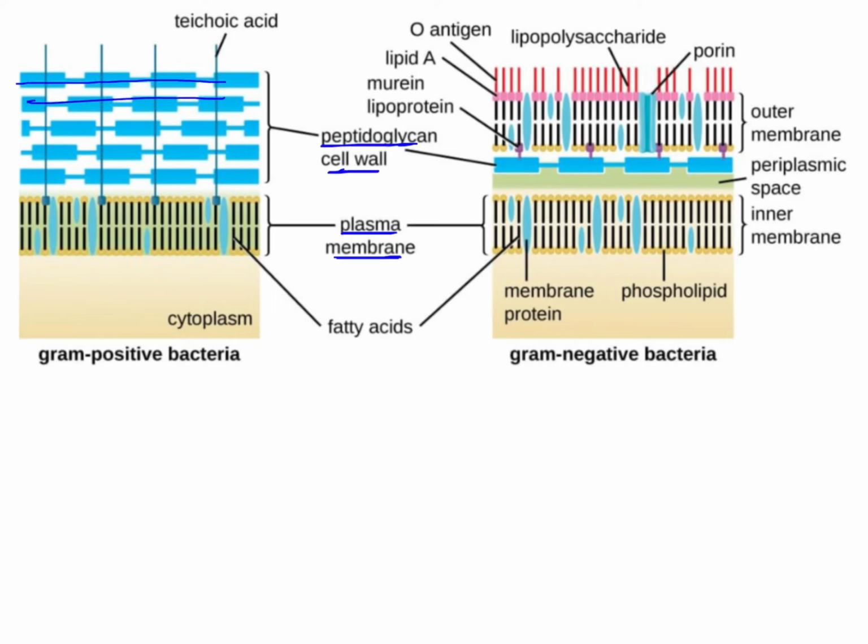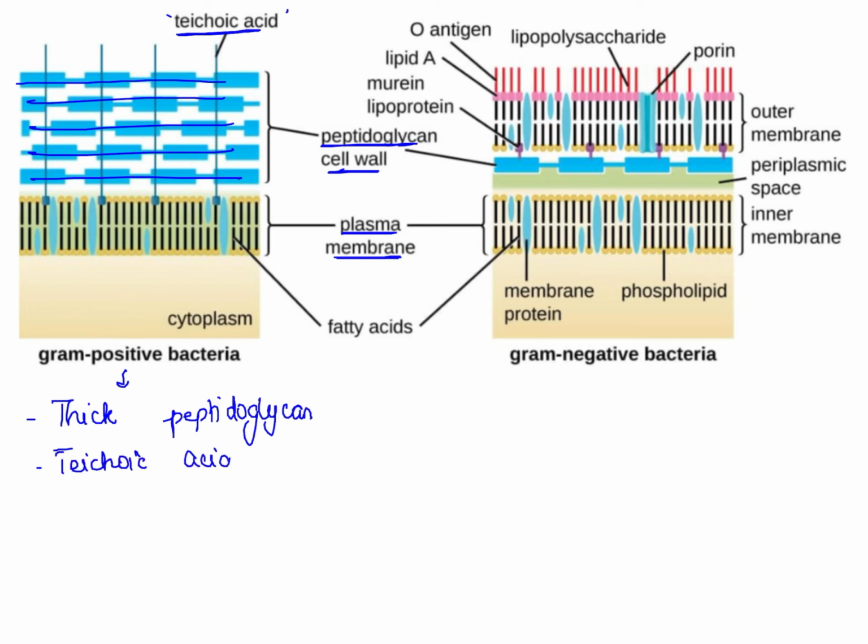There are multiple layers of peptidoglycan. Therefore, it simply indicates that gram-positive bacteria consist of a thick peptidoglycan layer. And apart from that, we have teichoic acid. Teichoic acid is specific only to gram-positive bacteria. It is not present in gram-negative bacteria.